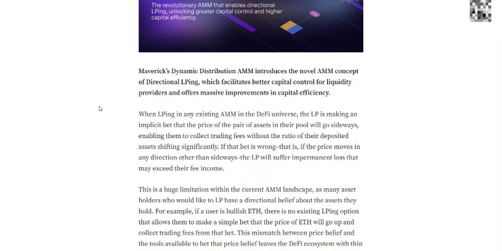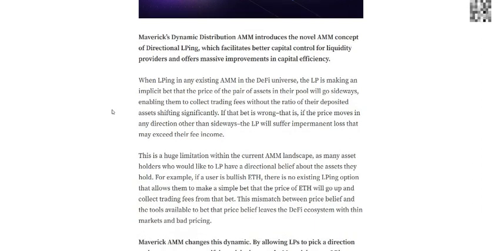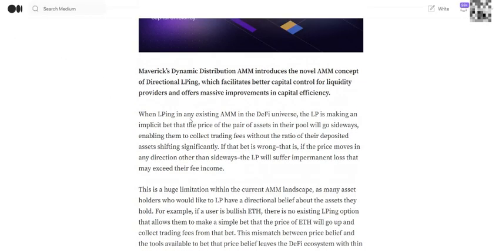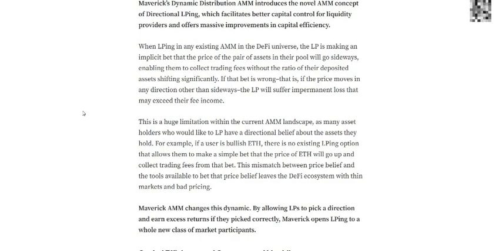what they are talking about. So they are clearly explaining that right now in the AMM landscape, many asset holders want to do LPing, but in the present scheme of things, a user cannot take a directional bet on the asset. For example, if a user is bullish on ETH, there is no existing LPing option that will allow them to make a simple bet that the price of ETH will go up and then collect trading fees from that bet.